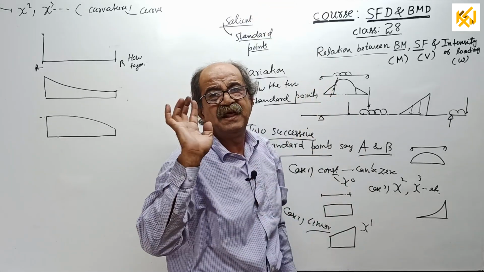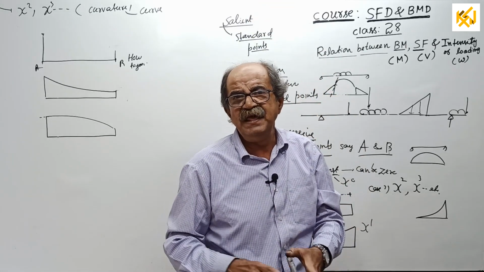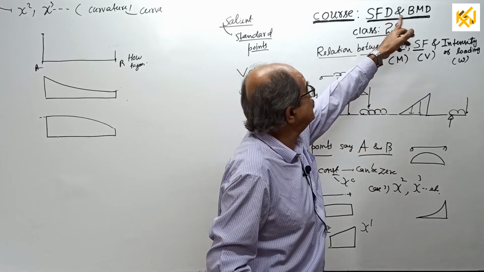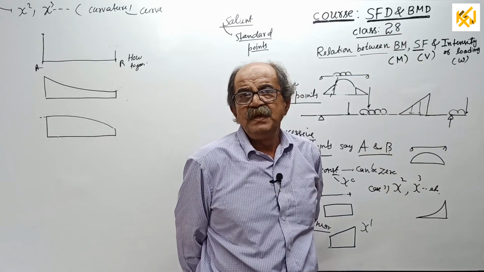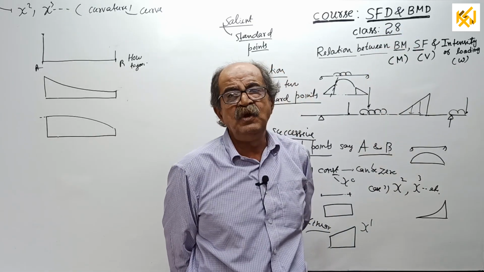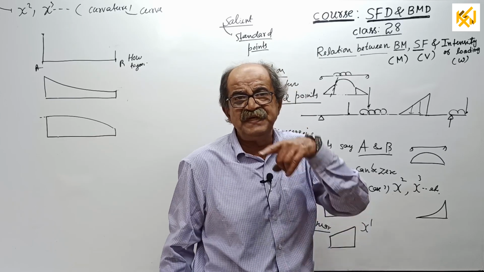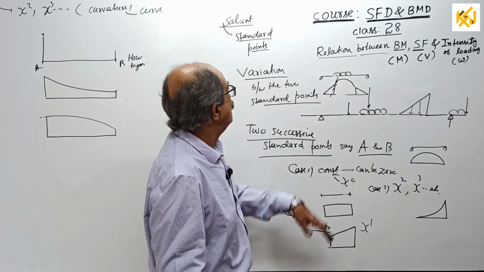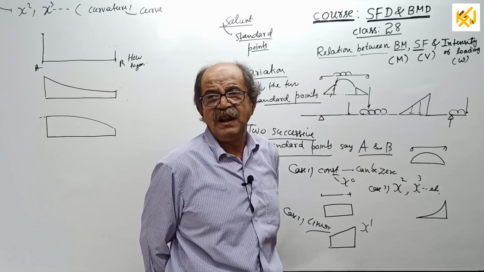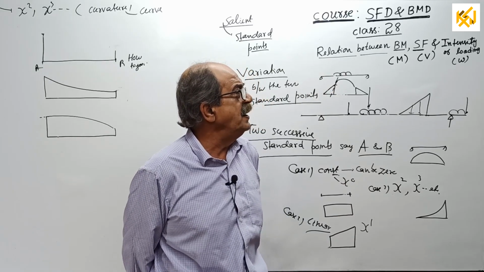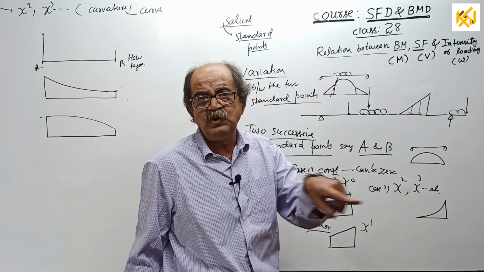I will tell you later, one by one, and make it clear. In my course on SFD and BMD, even people who already have good knowledge, I can give further better knowledge. What all I know, I will tell, and how far I know, you will know as I go to the diagrams.